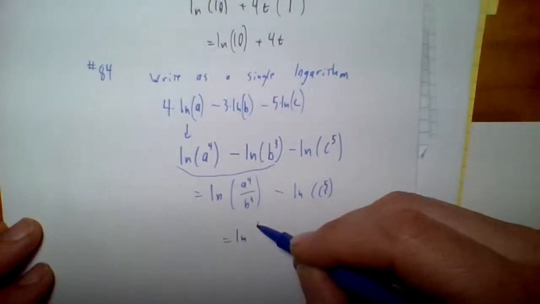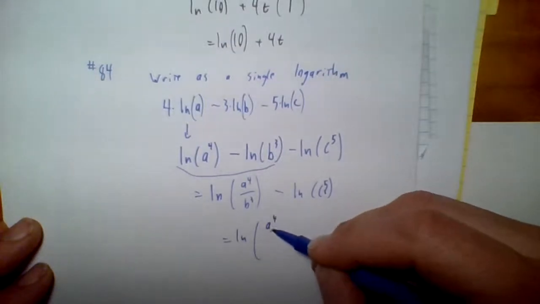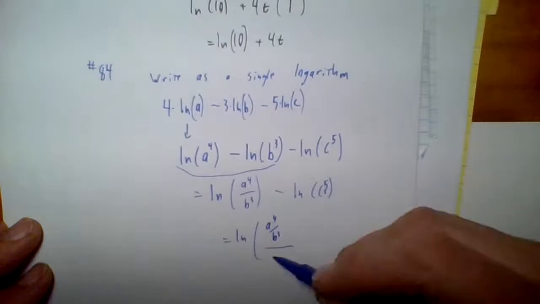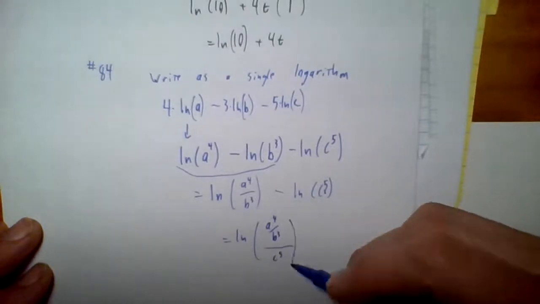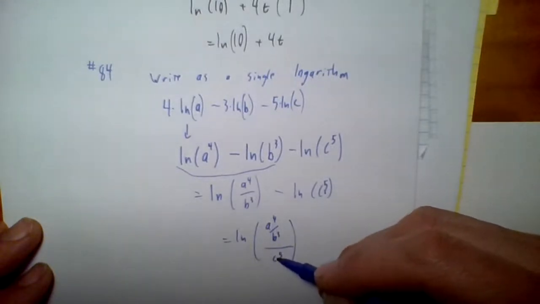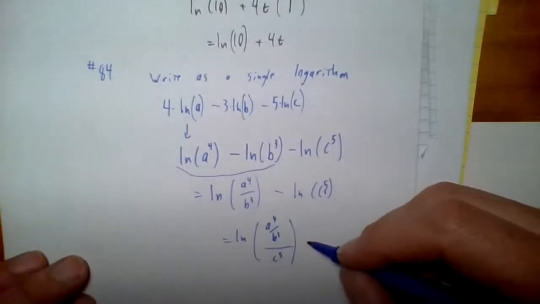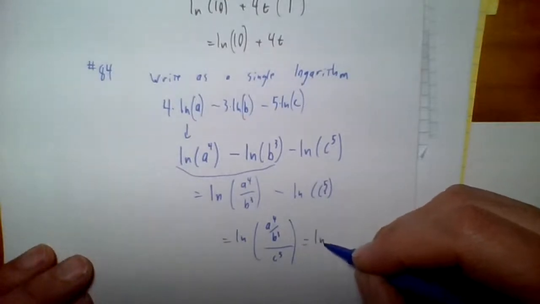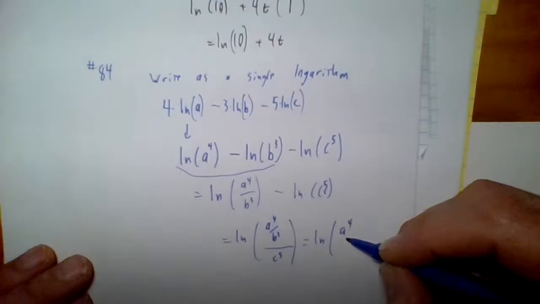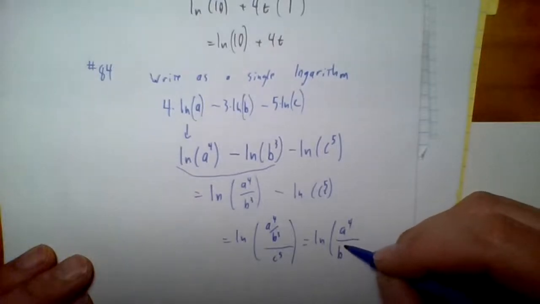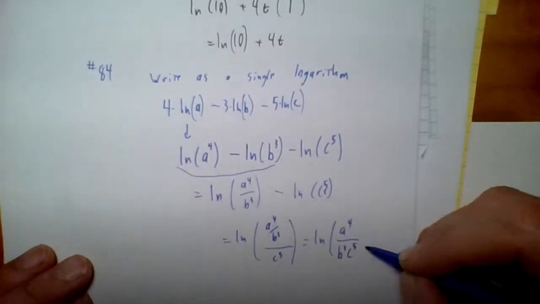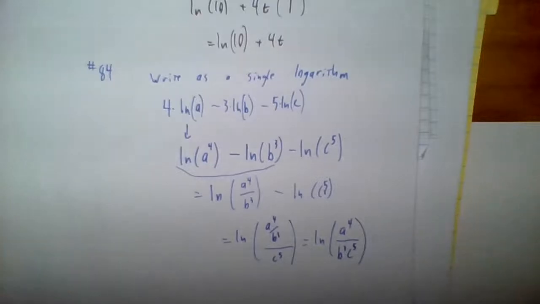So I have the natural log of a to the 4th over b cubed, divided by c to the 5th. But the way that fractions work, dividing by c to the 5th, I can just put it in the denominator. So I could just write this as a to the 4th divided by b cubed c to the 5th. Put that together a little nicer. That's the single logarithm way of writing that thing.